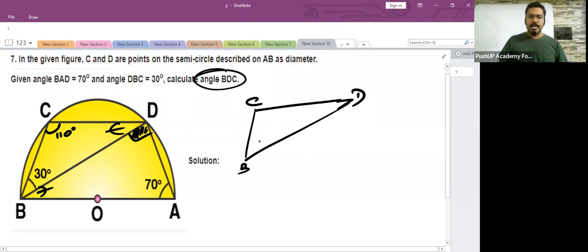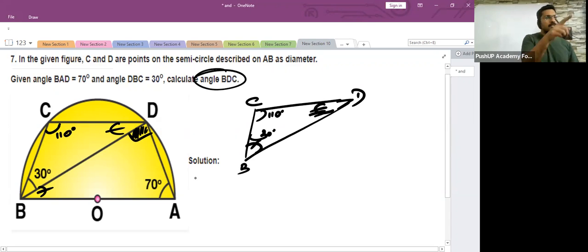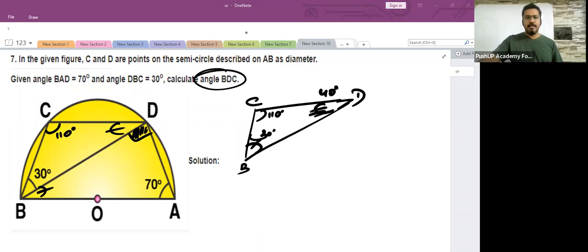You know this angle is 30 degrees. This angle is 110. Then how much would be the third angle? 110 plus 30 is 140. 180 minus 140 is 40 degrees. How many of you got this? Very good job. Yes, Maria. Perfect. 40 is the answer.